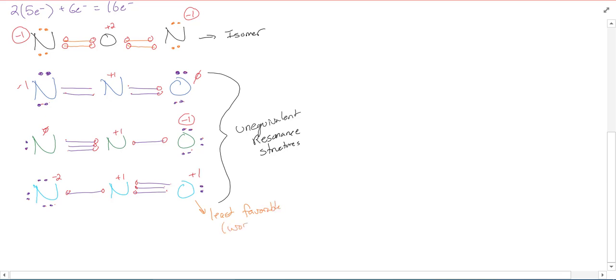We'll call it the worst, because oxygen's +1, nitrogen's -2, and formal charge is not minimized. Green is probably going to be the best because we have a minimized formal charge and the more electronegative atom, oxygen, is -1. Blue's not bad, but oxygen's more electronegative. So it's 1, 2, 3 in terms of best to worst.